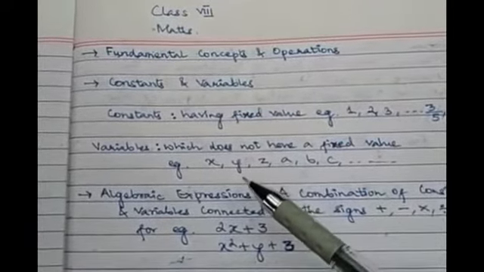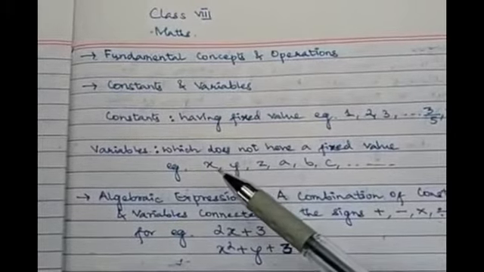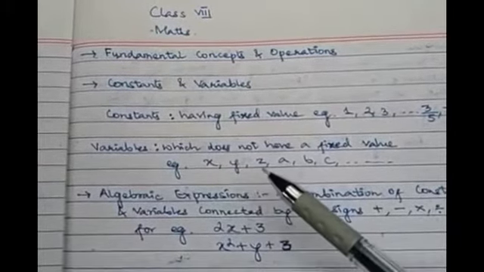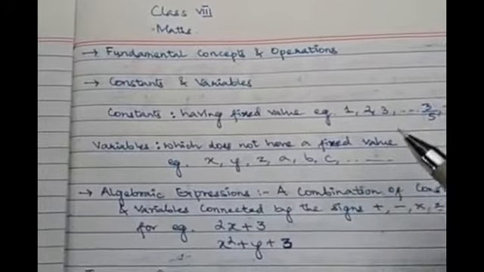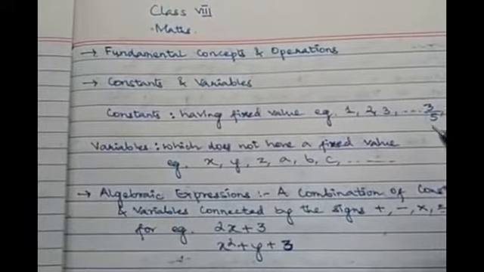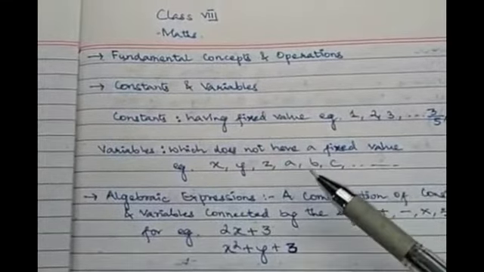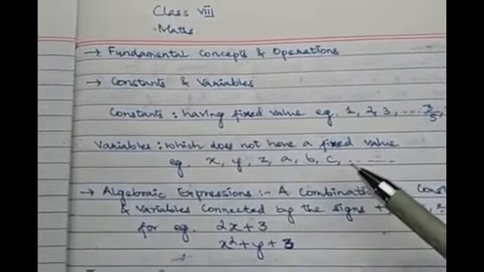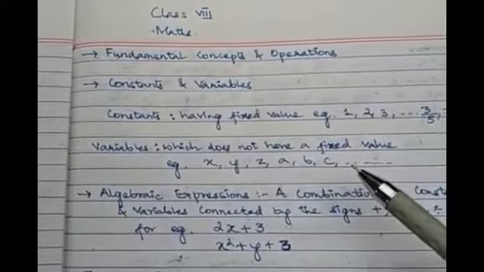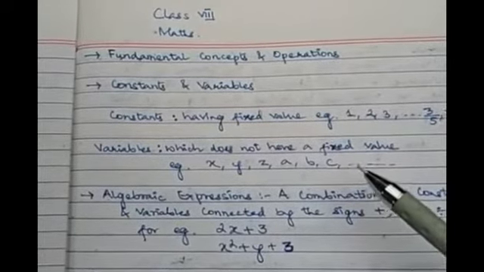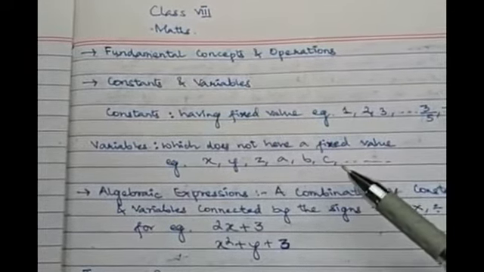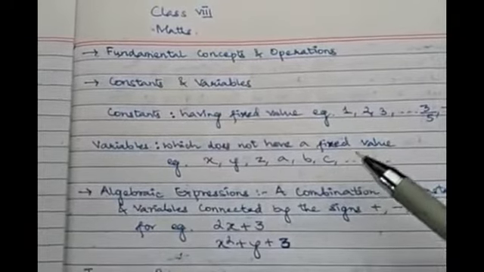Variables are denoted with alphabets, like X, Y, Z, A, B, C, and you can use any other alphabets as well. Whenever an alphabet is used in an expression, remember the alphabets are your variables.